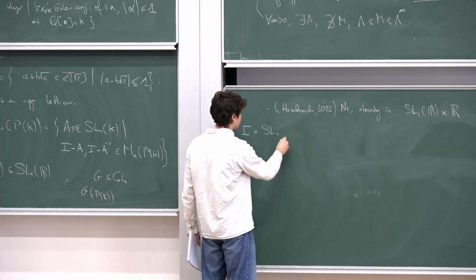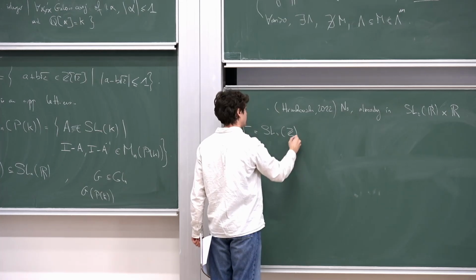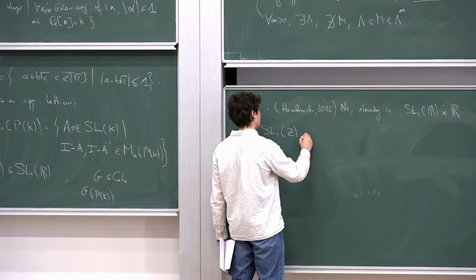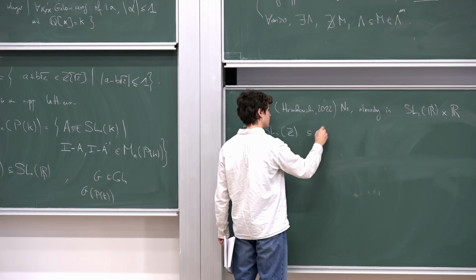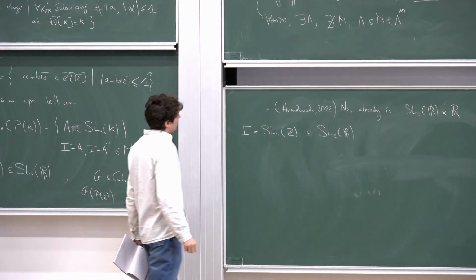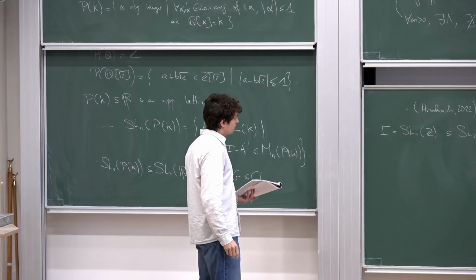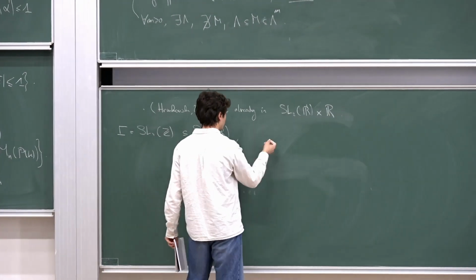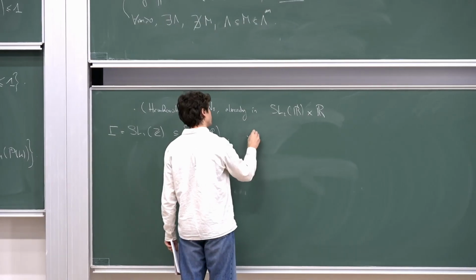Gamma could be SL2Z, or the free group inside SL2, or a free group inside SL2Z. Okay, so this is a lattice in SL2R. What you want now is to take a quasimorphism.